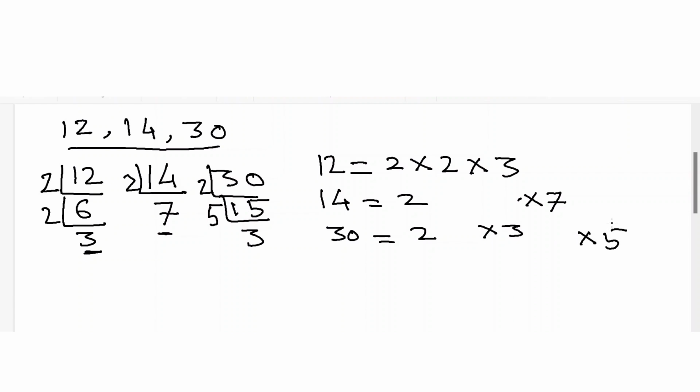So we have to find out factors which are common in each row. We have got only one factor which is common in each of the three rows, that is 2. So the GCF of 12, 14 and 30 is 2.